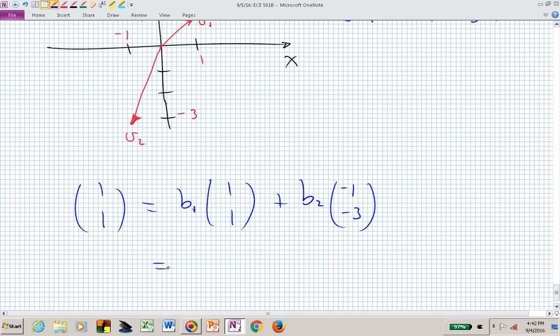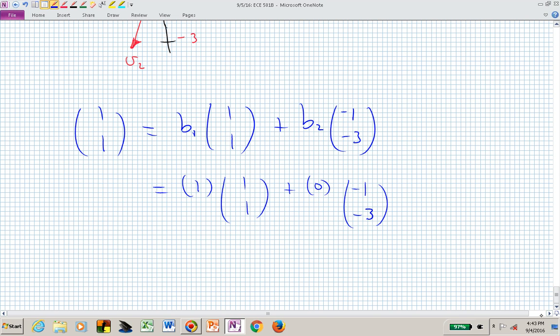In this case, it's pretty clear that if we weight V1 with 1 and V sub 2 with 0 weight, then we will get to the same point that we wanted to, which is the point 1, 1.